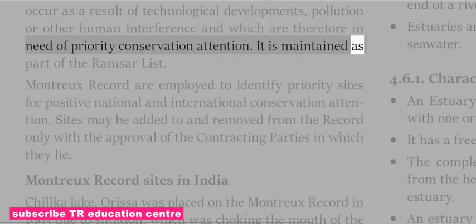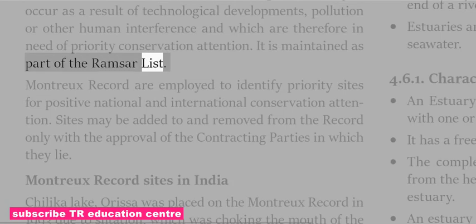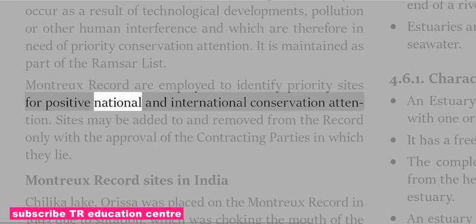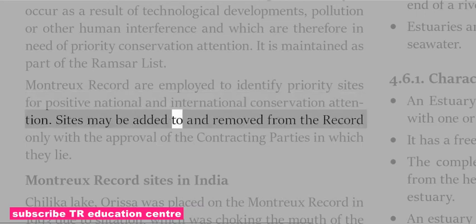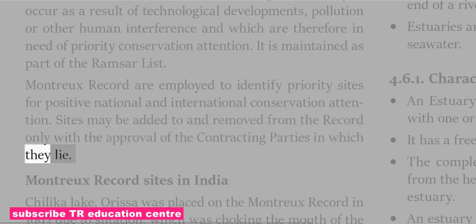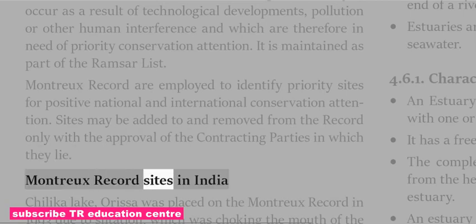It is maintained as part of the Ramsar list. Montreux Record sites are employed to identify priority sites for positive national and international conservation attention. Sites may be added to and removed from the record only with the approval of the contracting parties in which they lie. Montreux Record sites in India.